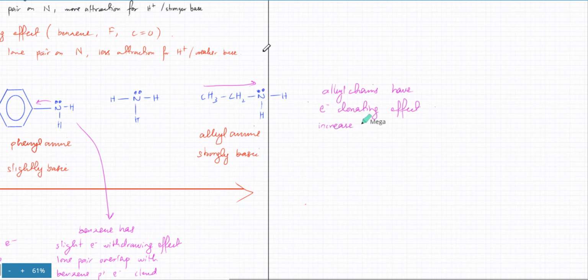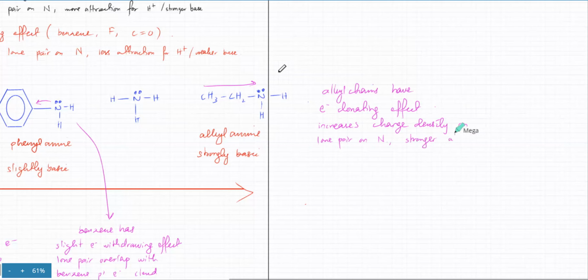And the more alkyl chains there are, if N is surrounded by alkyl chains, it's going to be a stronger base. So electron donating effect increases charge density on the lone pair on N, so there's stronger attraction for H+1.